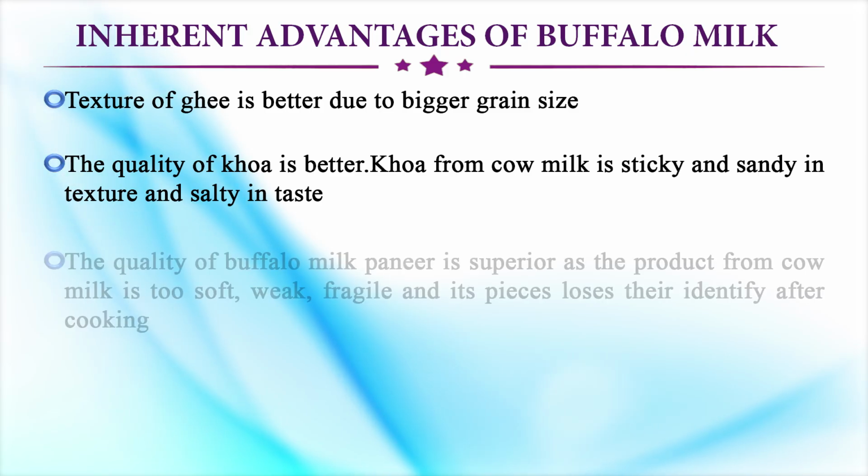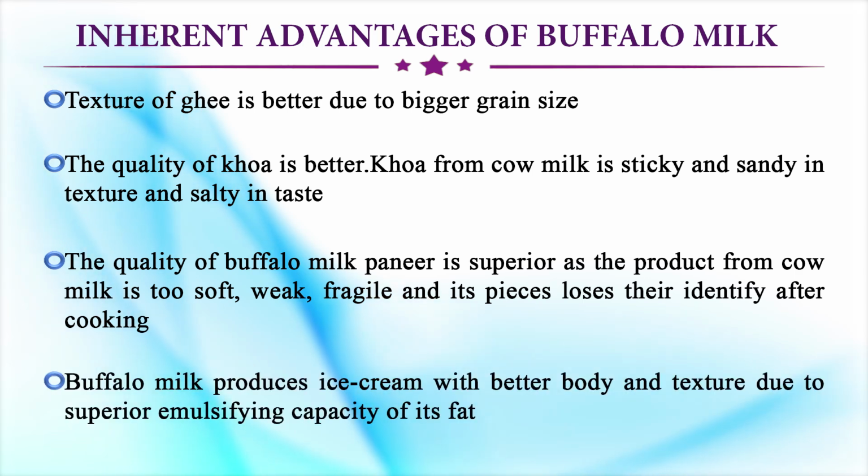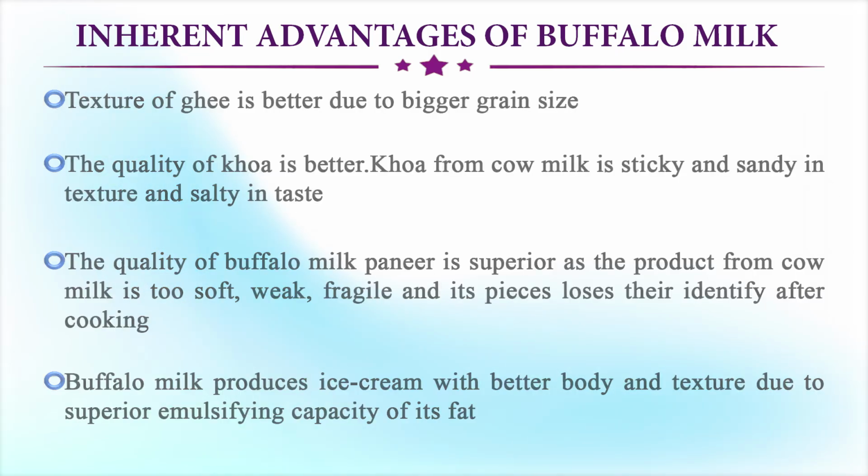Similarly, paneer from buffalo milk is also better, while paneer from cow milk is fragile and breaks down into small pieces. The ice cream from buffalo milk is also better because of the better body and texture, and due to the superior emulsifying capacity of its fat.